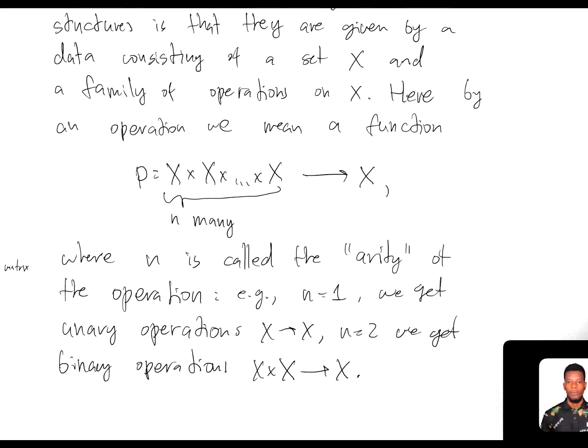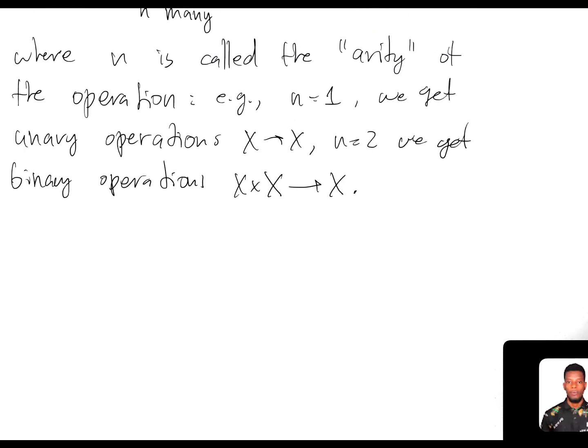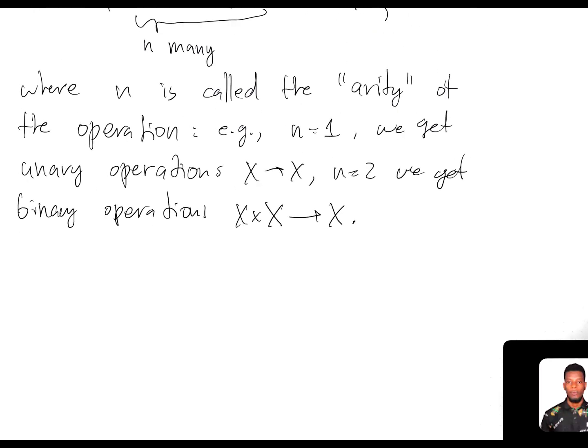Now, having made this remark, we can develop a universal method for building categories out of algebraic structures of the same kind by defining a homomorphism of operations. So given two operations of the same arity, let's say n.